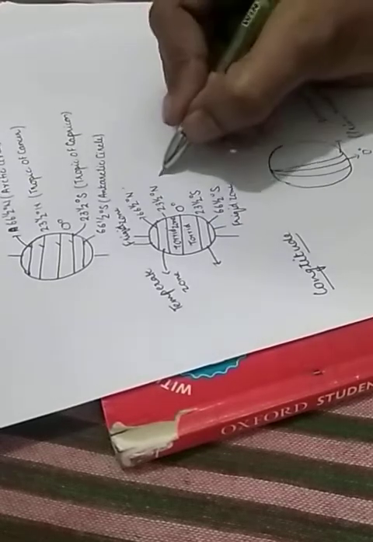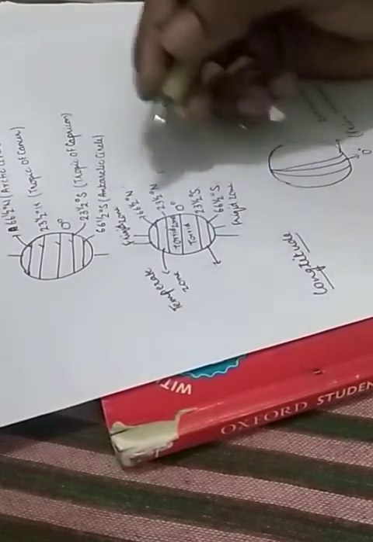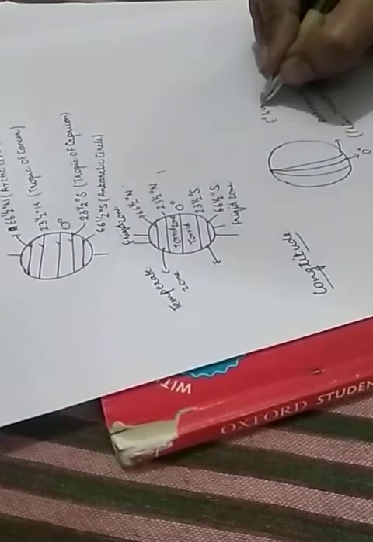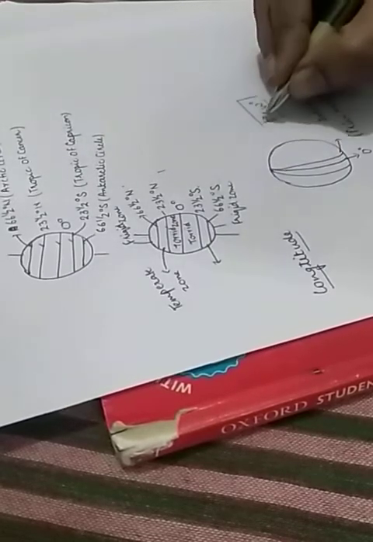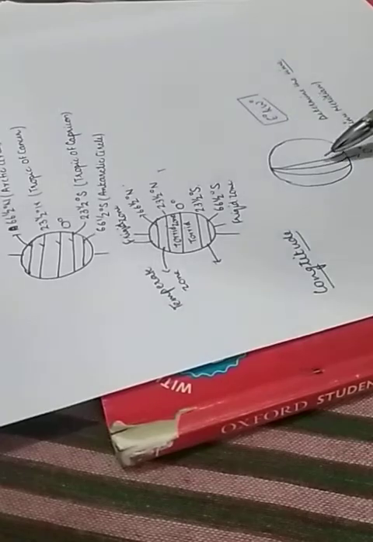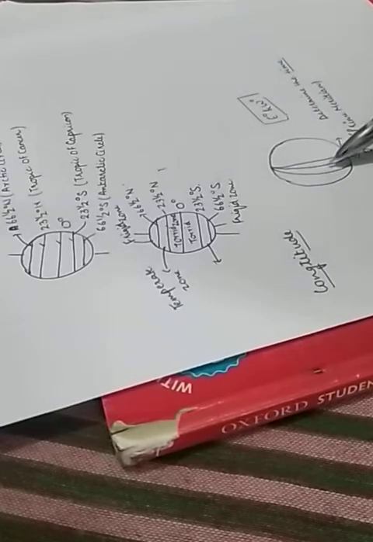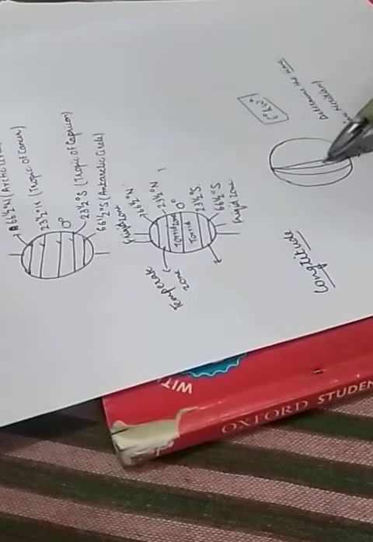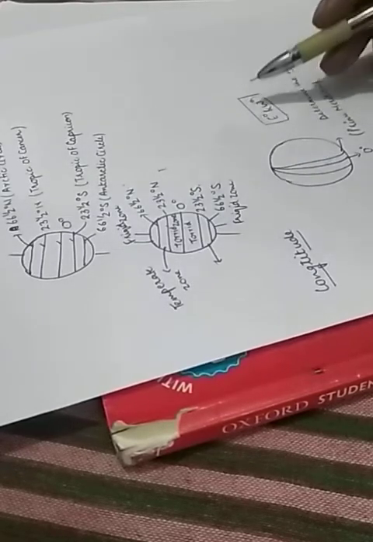They are measured as east and west. The lines which are west of prime meridian are termed as degree west, and the lines east of prime meridian are called degree east.